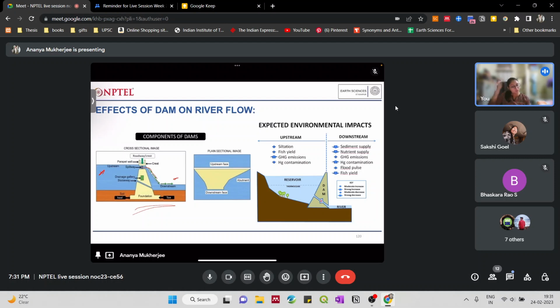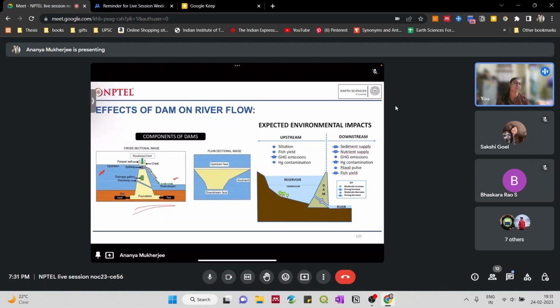Some of the environmental impacts due to the construction of dams: in the upstream, you have siltation, and the fish yield moderately increases. Downstream, there will be less sediment supply, there is no nutrient supply, and the fish yield decreases in the downstream region.